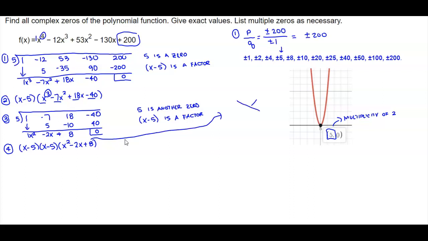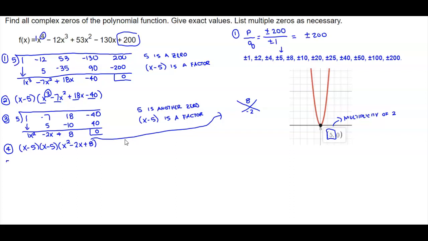What two numbers multiply to get positive 8 and when we add them together give us negative 2? There aren't any such numbers, so we can't factor this. We're going to have to use the quadratic formula for that.